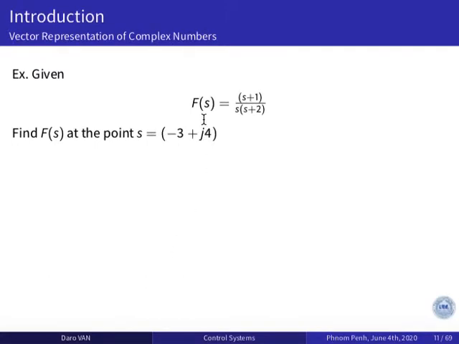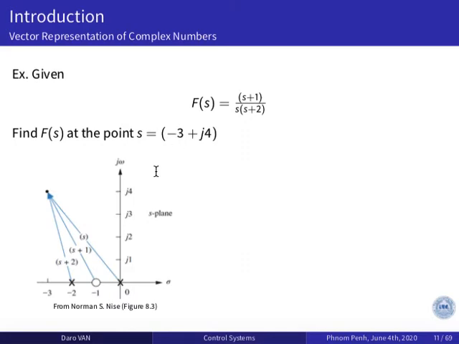For example, we have this function F(s) given like this. Find F(s) at this point. You can draw it in a complex plane. This has the zero at minus 1, and the poles at s equals 0 and at s equal minus 2, shown in these figures.